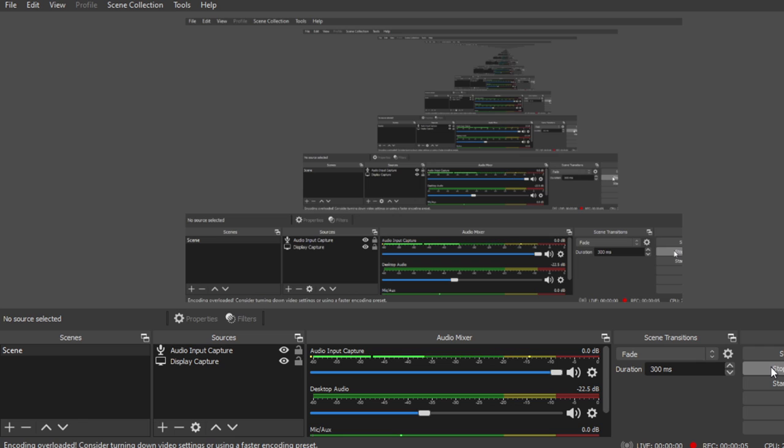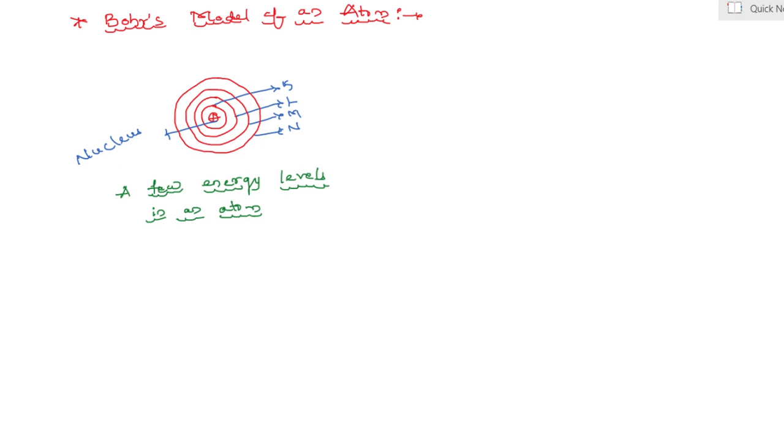In yesterday's period, we discussed the Thomson model of an atom and the postulates of the Thomson model. It means electrons are embedded in a sphere of positive charge.